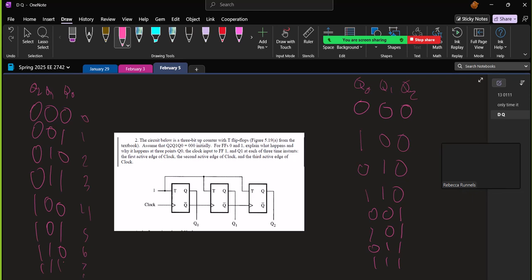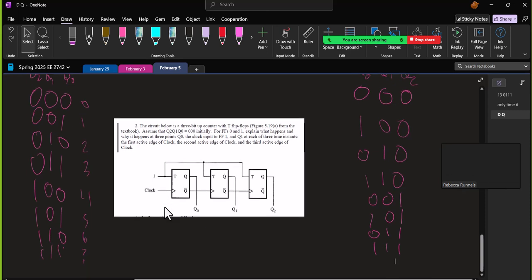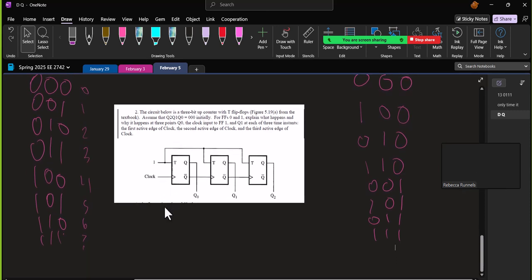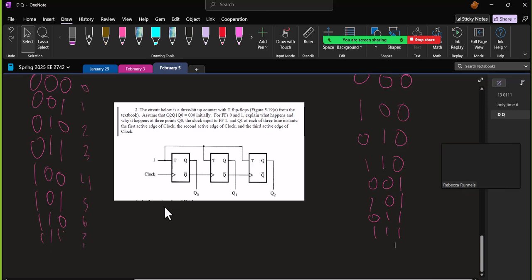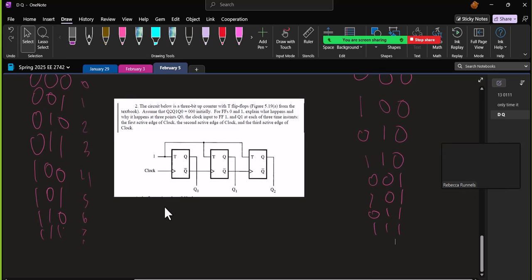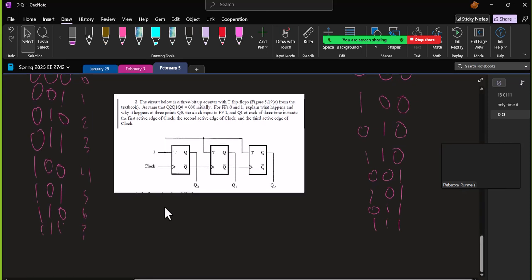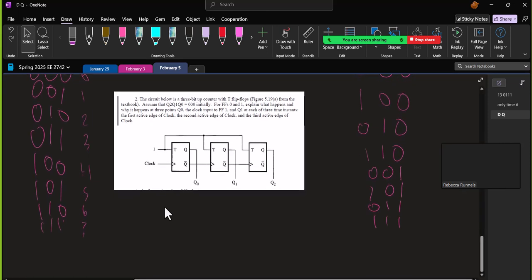Assume that Q2, Q1, Q0 equals 0, 0, 0 initially. For flip-flops 0 and 1, explain what happens and why at each of 3 points, Q0, the clock input to flip-flop 1, and Q1, at each of 3 time instances: the first, second, and third active edge of the clock.